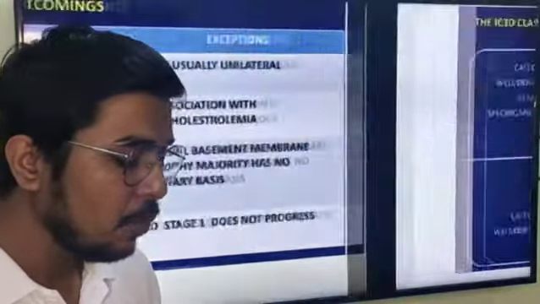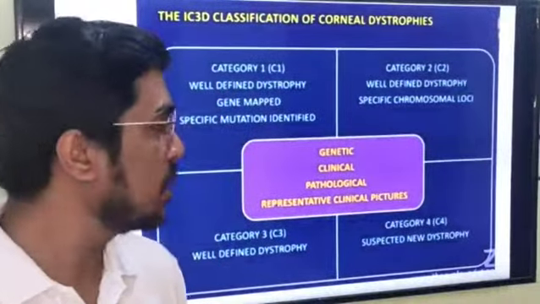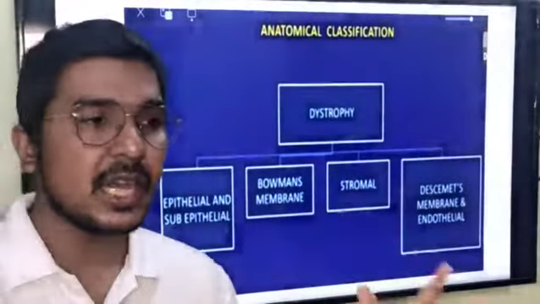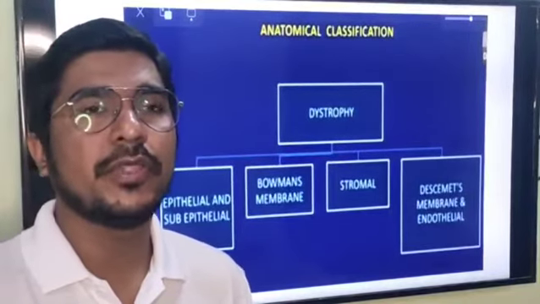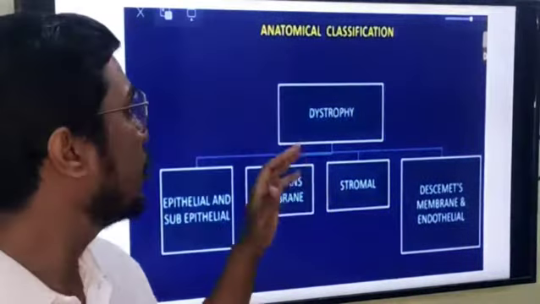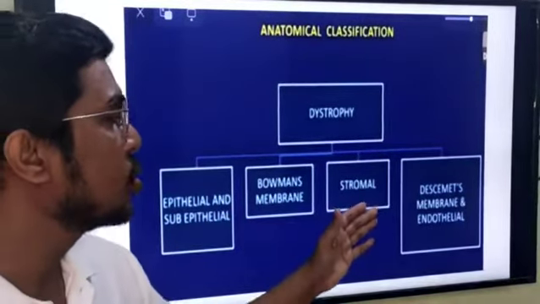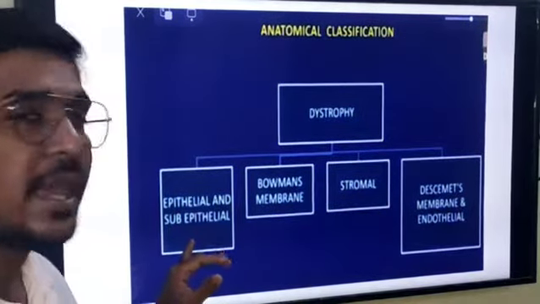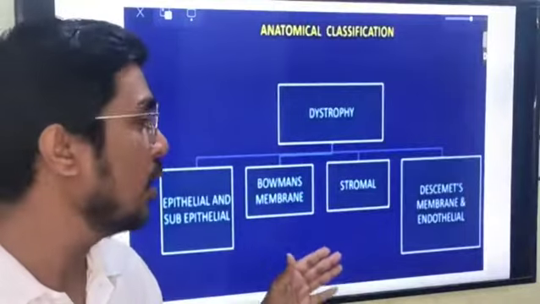Moving on, we have the anatomical classification. Earlier, corneal dystrophies were classified based on anatomy. We have epithelial and subepithelial, Bowman's membrane, stromal, and Descemet's membrane and endothelial. Some examples: EBMD comes under epithelial. In Bowman's layer, Reis-Bücklers and Thiel-Behnke.